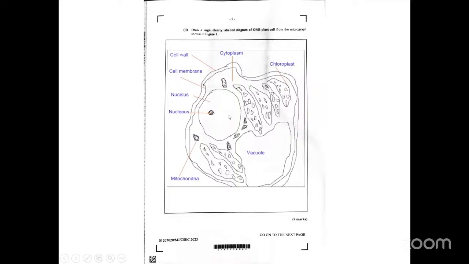We'll have to draw it similar to this one. It's very important that you read the question. Going back to the other question, you'll see where the drawing is similar.